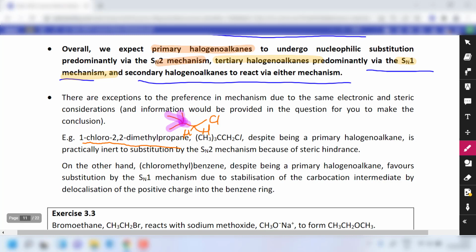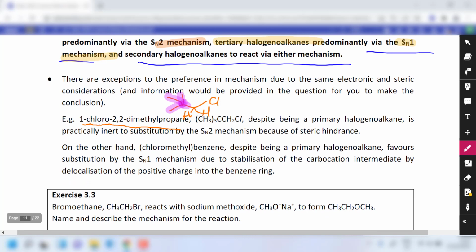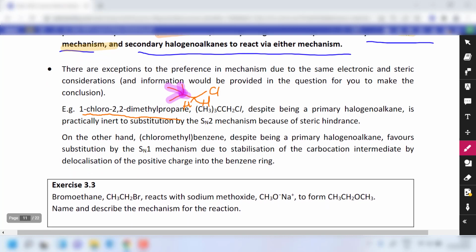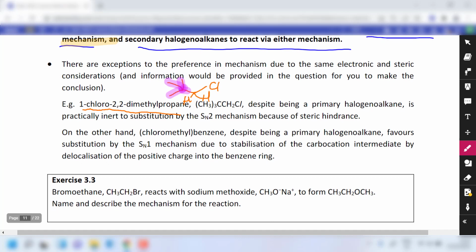And then for primary halogenoalkanes, there are also some which can occur via SN1. So for example, let's say we have this particular chloroalkane with Cl bonded to this carbon, which is directly bonded to a pi system. This is known as an allylic halogenoalkane.